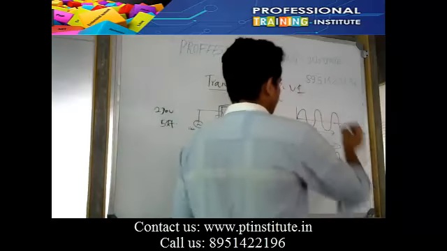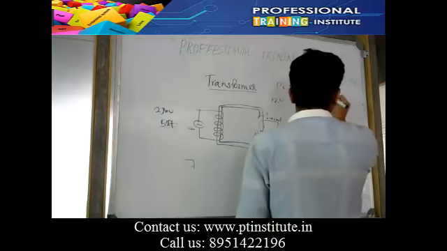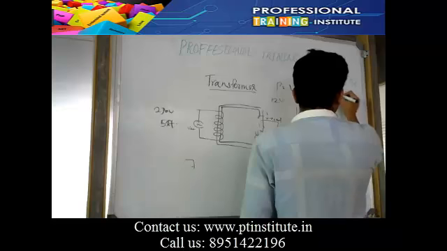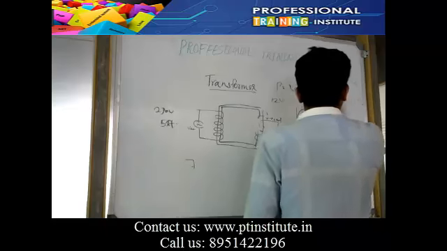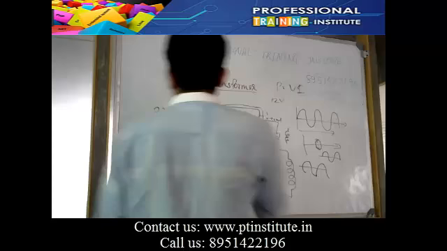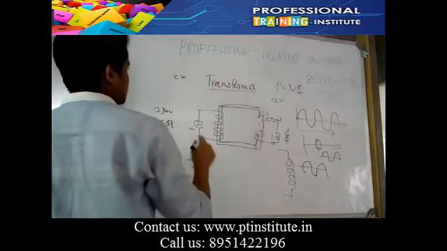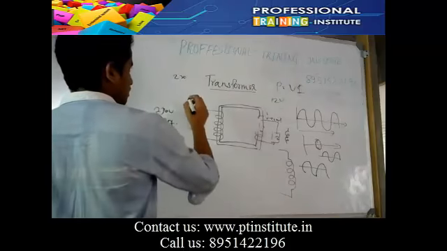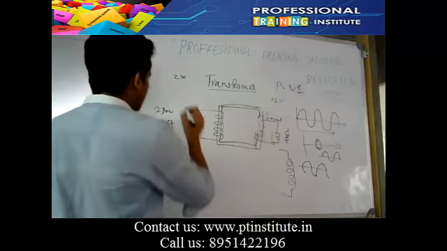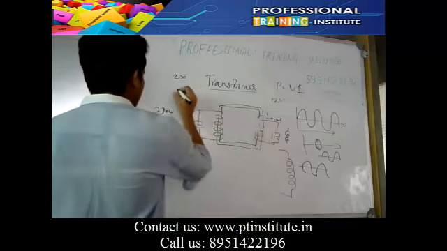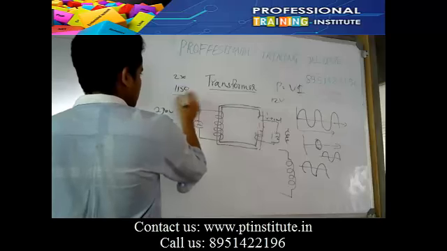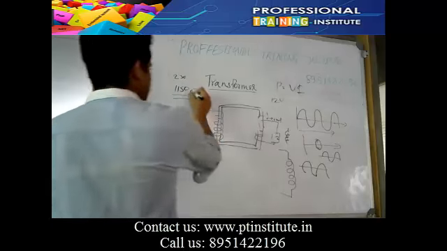You calculate power in primary: 230 into 5, which is 1150. Okay, this is the power.